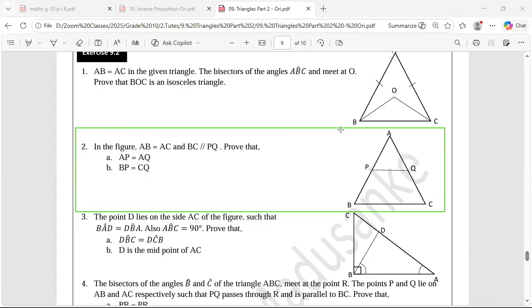First thing, you have to draw this figure, then you have to mark AB equals AC, and also BC parallel to PQ. Then after marking them in the figure, prove that AP equals AQ and BP equals CQ.